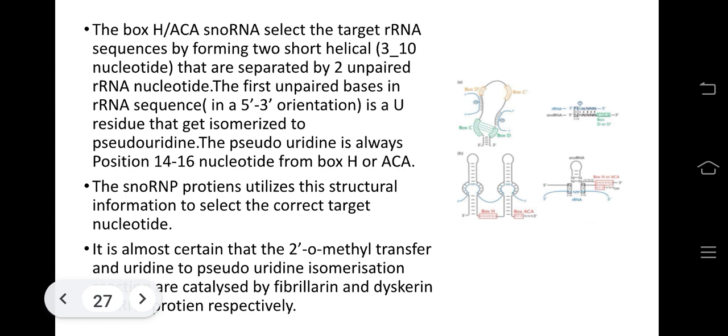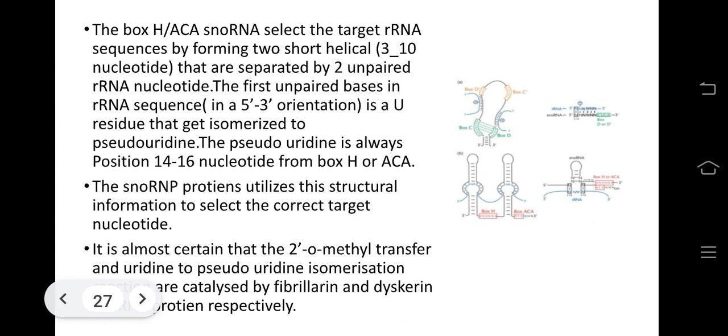The box H/ACA snoRNAs select the target rRNA sequences by forming two short helices that are separated by two unpaired RNA nucleotides. The first unpaired base in the rRNA sequence is a U residue that gets isomerized to pseudouridine. The pseudouridine is always at a position 14 to 16 nucleotides from box H or ACA.